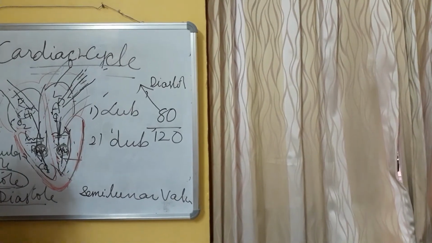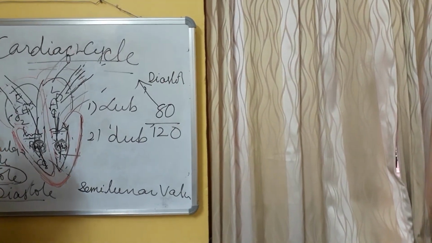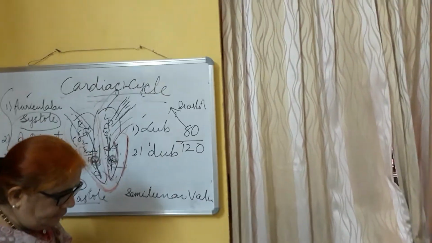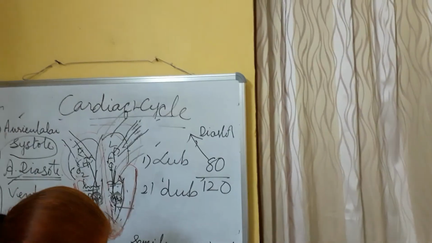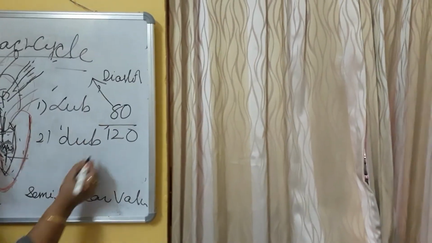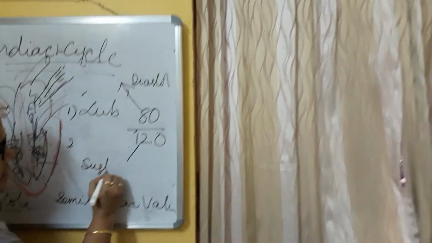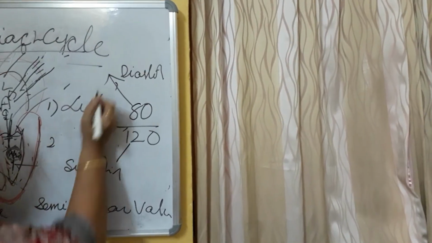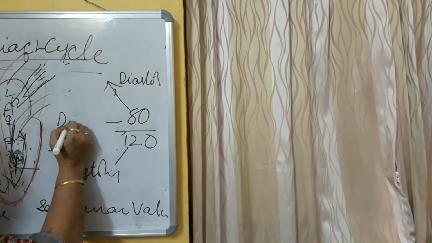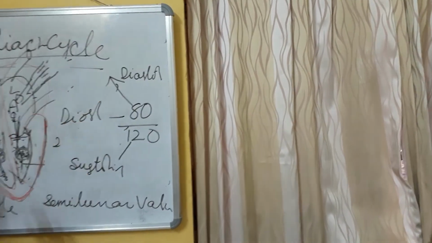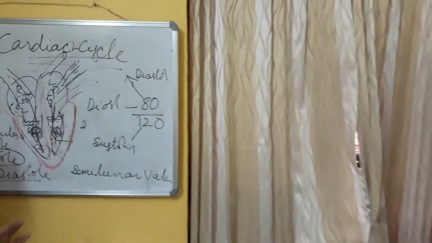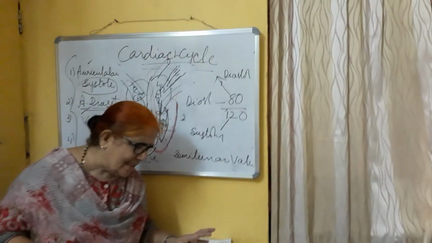The diagram is also there in your book, for measurement. Blood pressure 120 is the systolic pressure. Diastolic pressure means the pressure the heart uses when it is in relaxing condition.